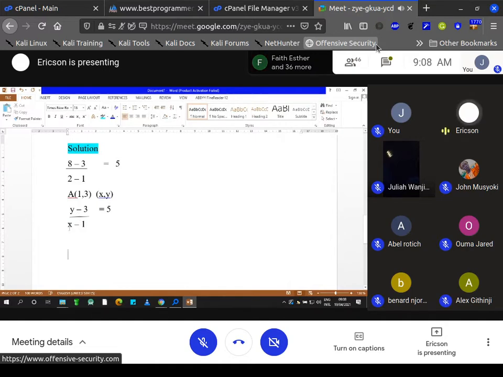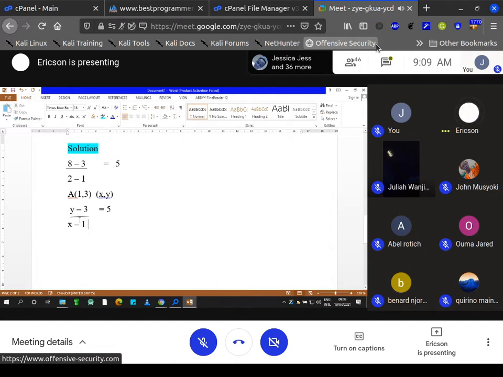So from here, in order to remove this denominator, you have to multiply both sides by x minus 1. Or rather, you cross multiply.